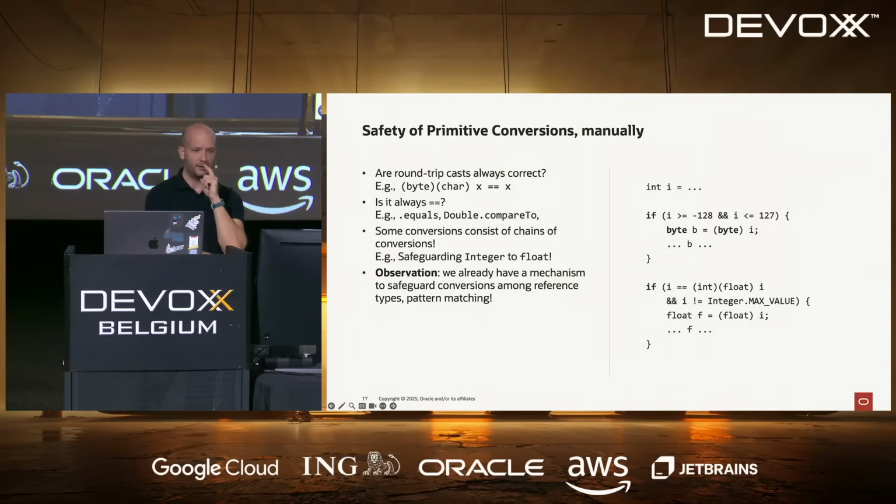That's very interesting. Okay, let's try to build up now from principles what we can do. How can we ensure the safety of primitive conversions manually? On the right-hand side, I show that we can do a range check to see if one integral value lies in the range of the next one.